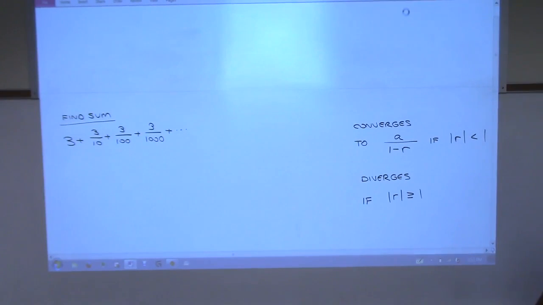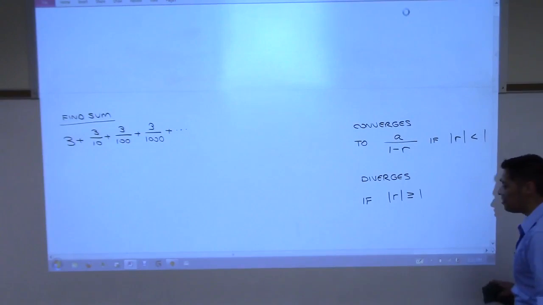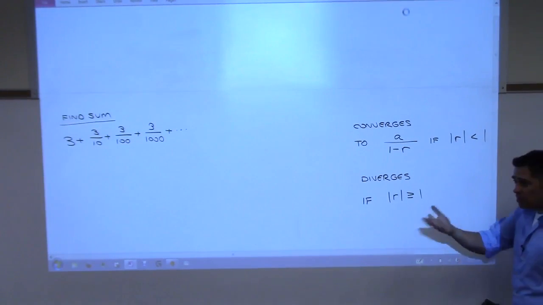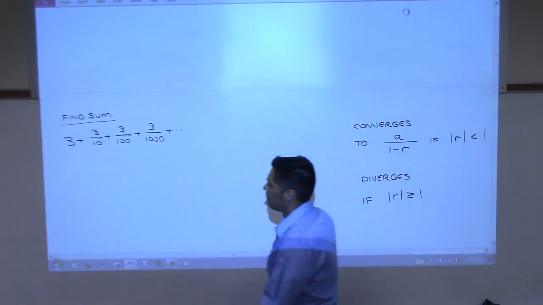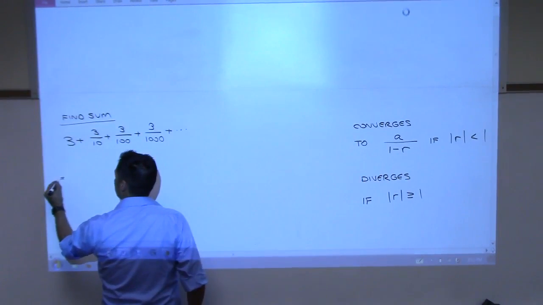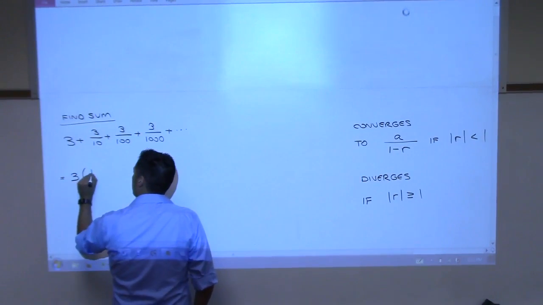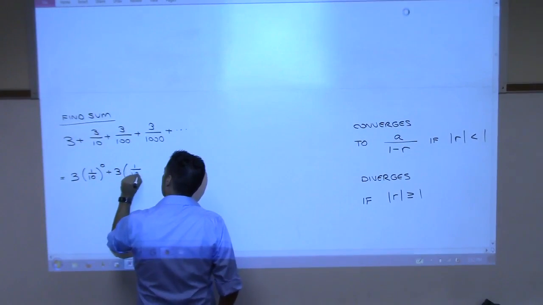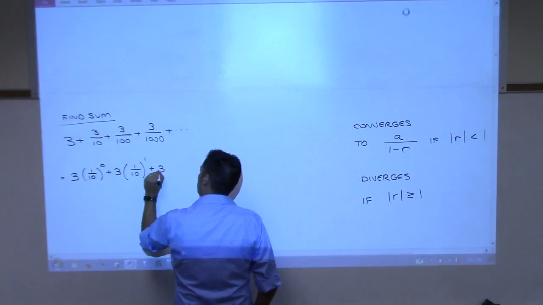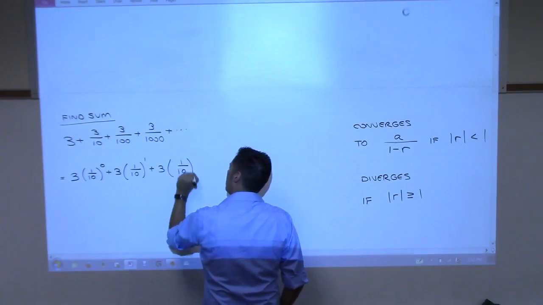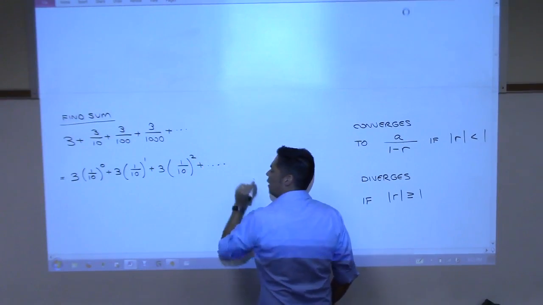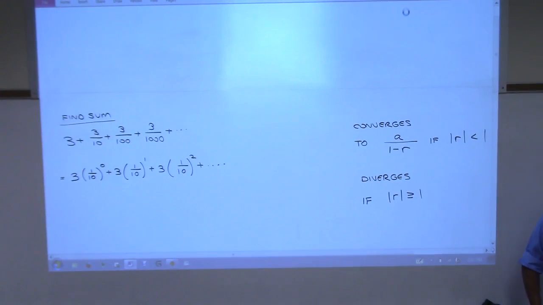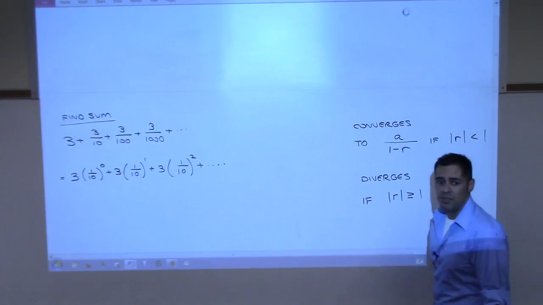We first have to verify that it's geometric. You have to do that first. You have to prove to yourself that this is geometric. So this is where you come in here and go, okay, this is 3 times 1/10 to the 0 plus 3 times 1/10 to the first plus 3 times 1/10 squared plus ... And then turn that into the sigma notation.